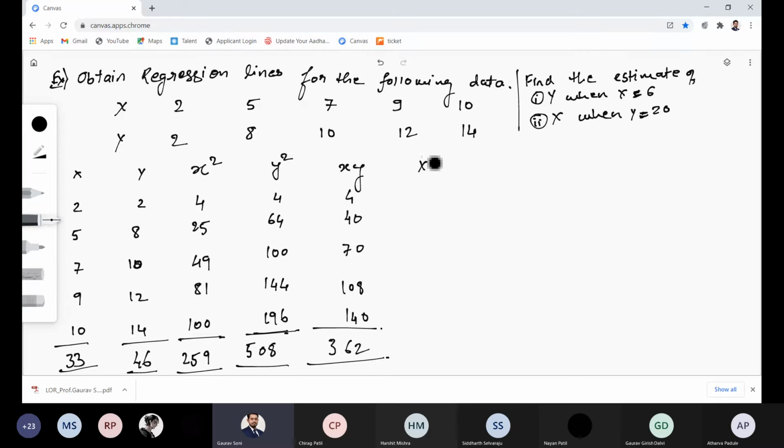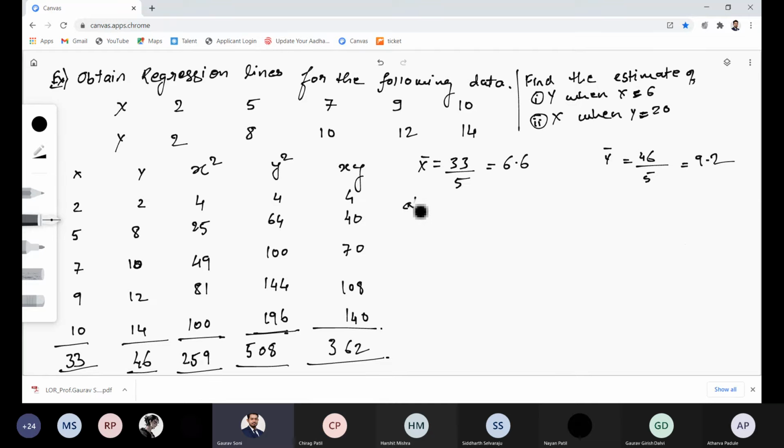So x bar is equal to 33 by 5, that is 6.6. And y bar is 46 by 5, that is 9.2.